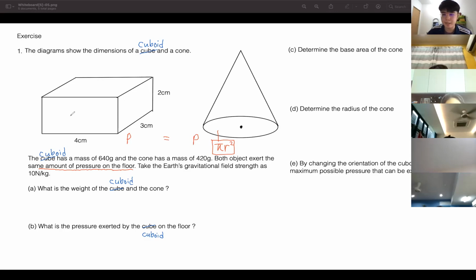The pressure exerted by the cuboid is the same as the pressure exerted by the cone. So what you need to do here is use the pressure that you get for the cuboid for the cone, because they are the same, right?